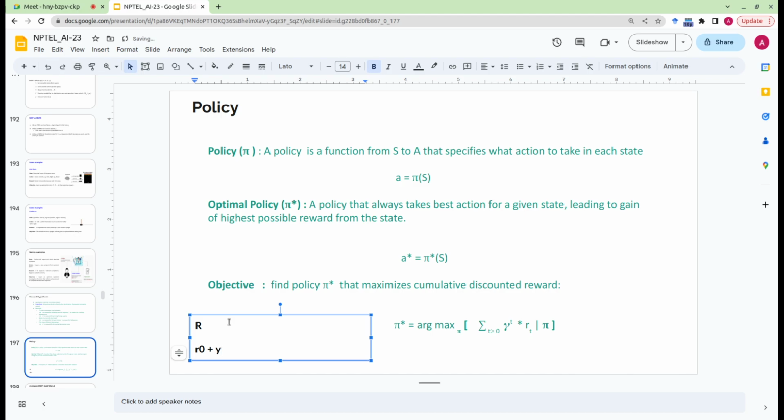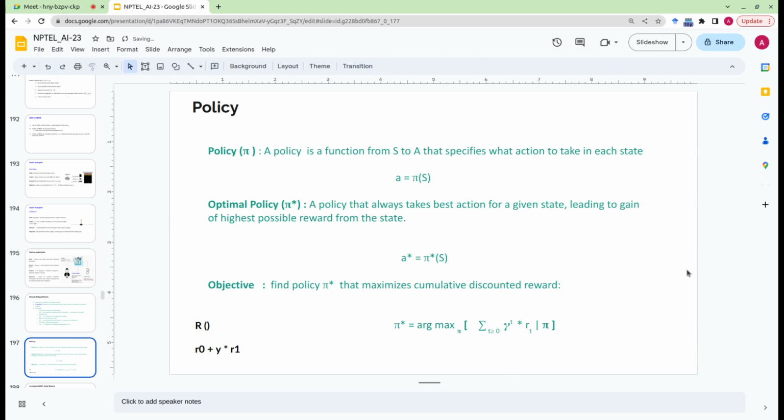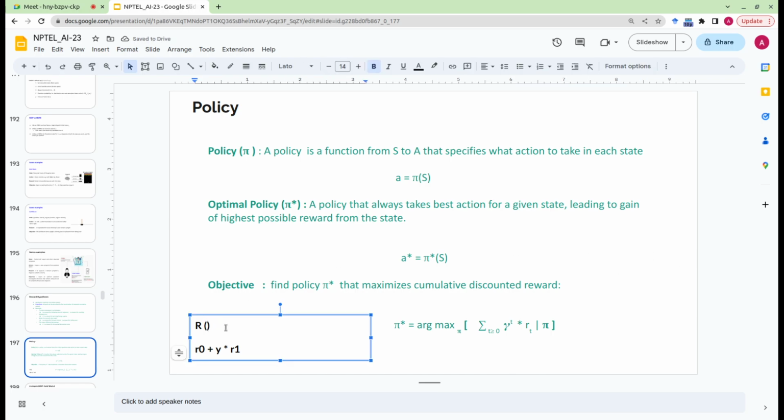Again, gamma into the next reward, which is R1, plus gamma square into R2, something like that. Gamma into gamma.